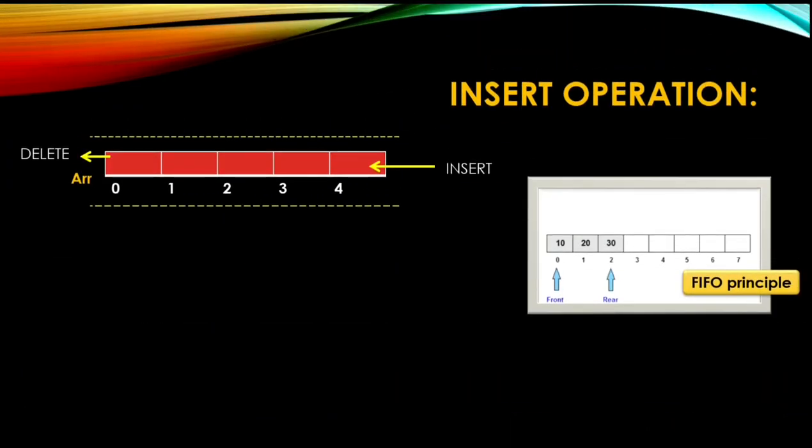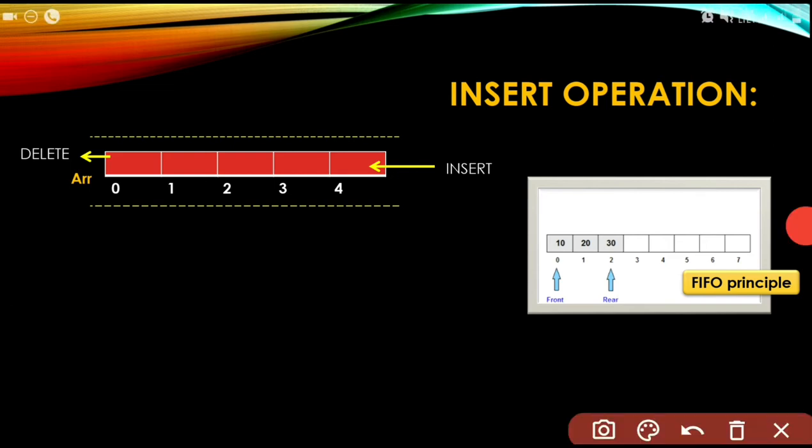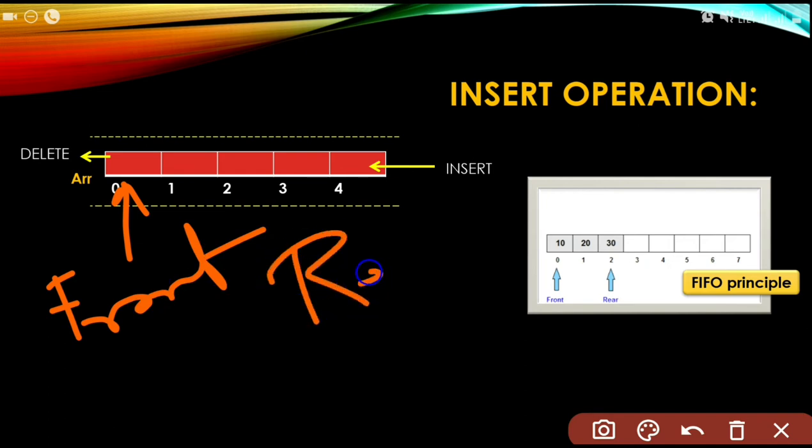Now moving further, when we are doing our insert operation, what do we have to keep in mind? First thing I told you, insertion and deletion are from different ends. The names of the ends are front end and rear end.